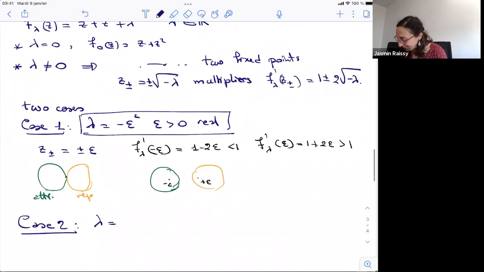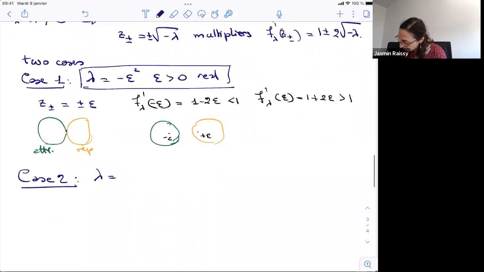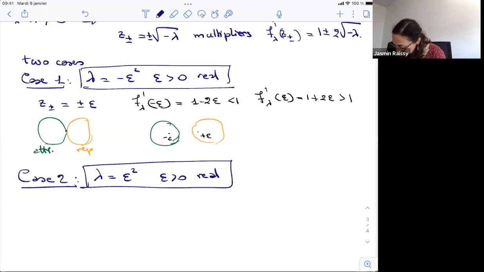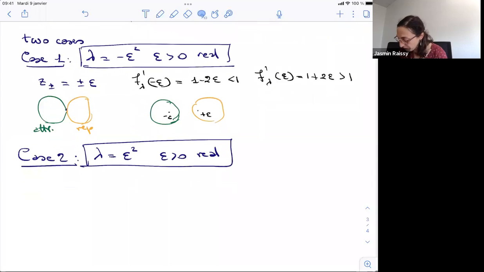So case 2 is the following. We had 3 cases, right? Lambda is equal to 0. Lambda is minus the square of a positive real number. So I'm left to see what happens if lambda is epsilon squared, again with epsilon positive and real. All right? Okay, I'm not going to do this again.